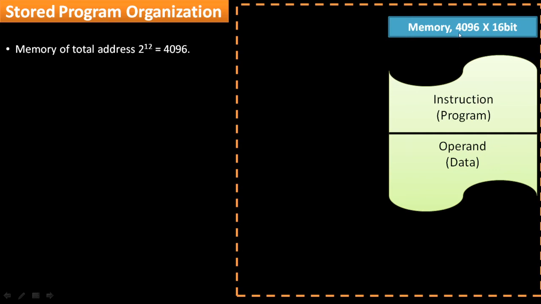Now, to address 4096 locations of the memory, we need 12 bits, so the address bits are 12. There are 4 bits to specify the operational codes, to specify all the operations that this particular hypothetical computer can perform.